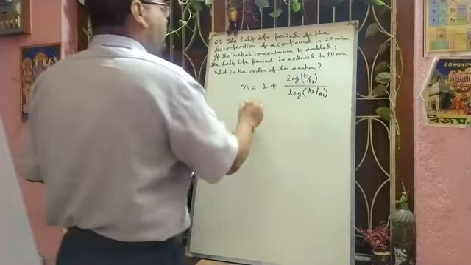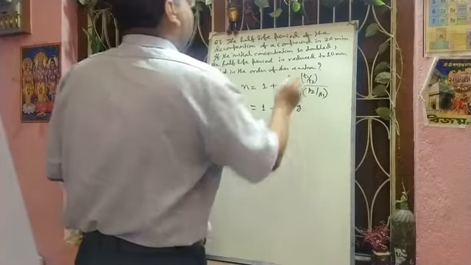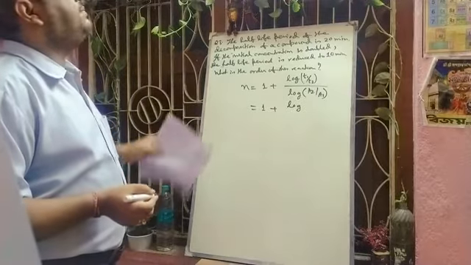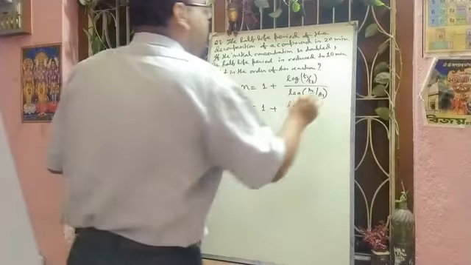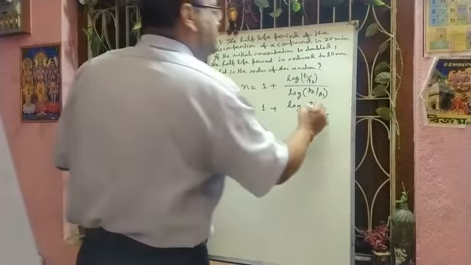So from here you can write 1 plus log t1 by t2. What is t1? The half-life period of the decomposition of the compound is 20 minutes, so it will be 20, and the half-life period is reduced to 10 minutes, so it will be 10.